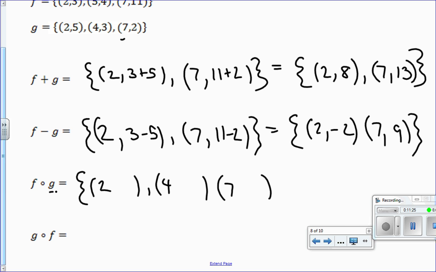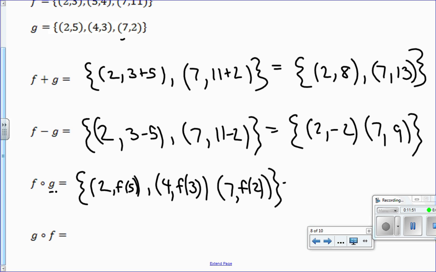And let's see what comes out of those after those outputs go into f. So this is going to be f of 5, and this is going to be f of 3, and when 7 goes into g, the output's 2, so this is f of 2.